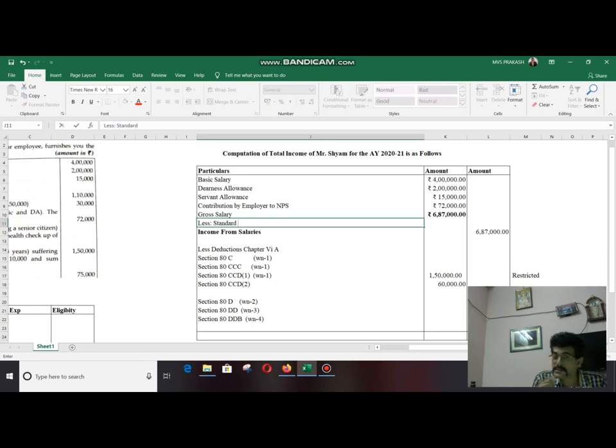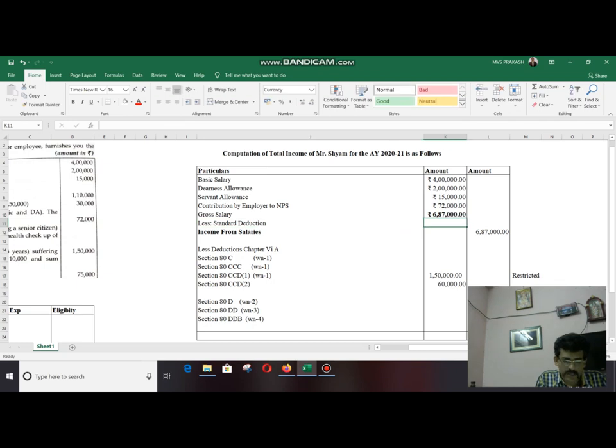Of course, this we will discuss when we are covering income from salary. At present, as I said earlier, our objective is not to focus on salary income, but to focus on the deductions. Now let us see standard deduction. As per the Finance Act 2019, the standard deduction you have to consider is 50,000.